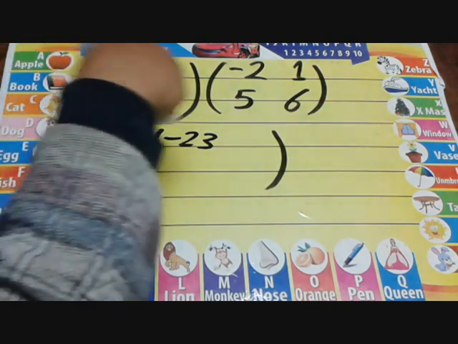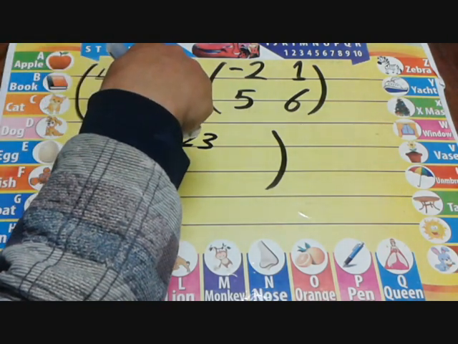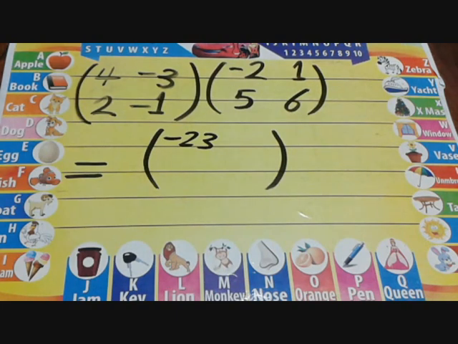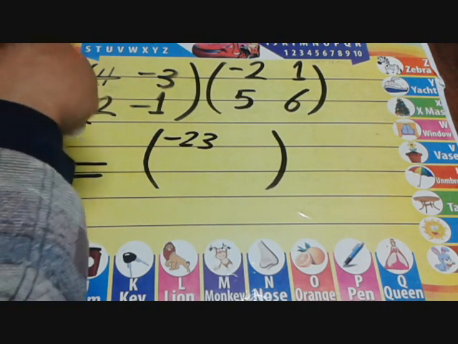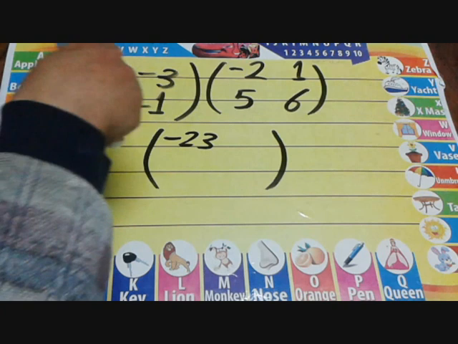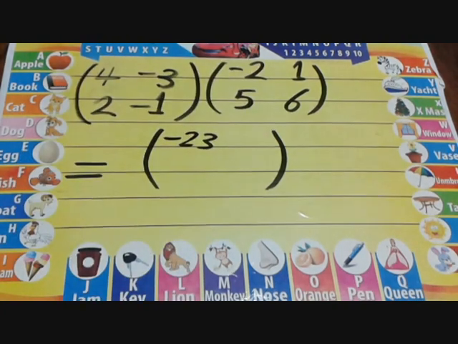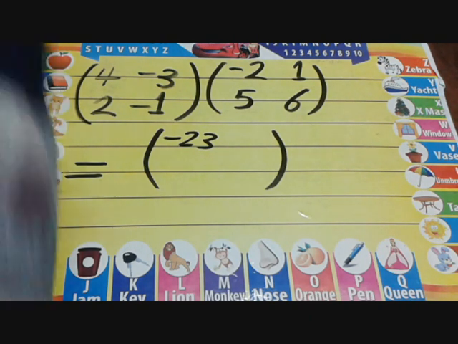Multiply the first row times the second column. 4 times 1 plus -3 times 6 equals what? Equal -14.